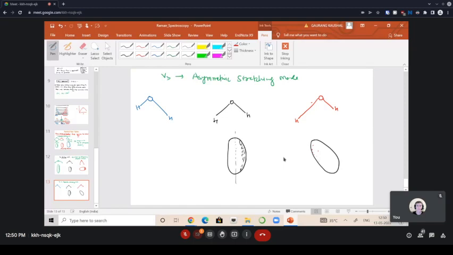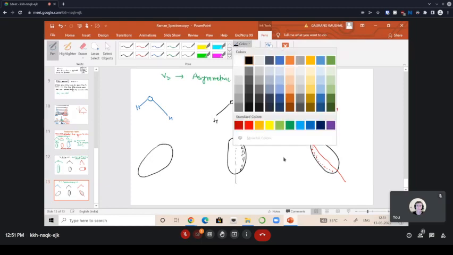Similarly, in the other way, shape and size will be the same. You can draw the ellipsoid with equal size and shape.